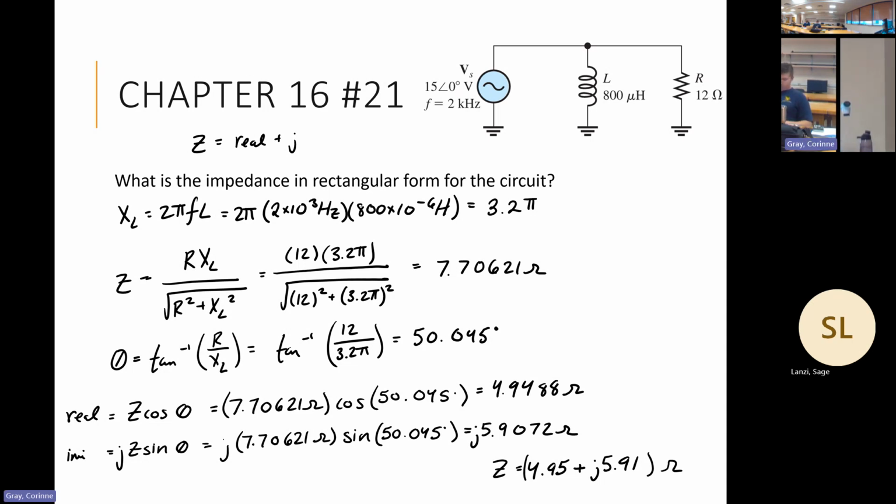You can put the ohm symbol behind the individual numbers. You could also just use parentheses and put ohms on the outside. I do not care which way you do it, as long as you include your units. I'm okay with that, as long as it's there. I'm just trying to match the notation of the textbook to the best of my abilities.